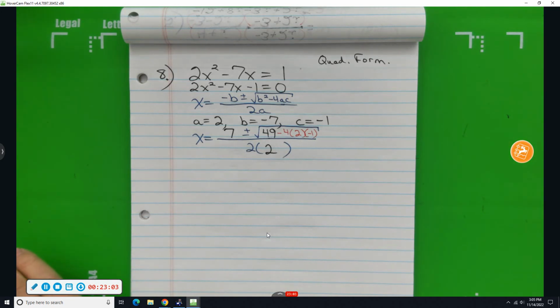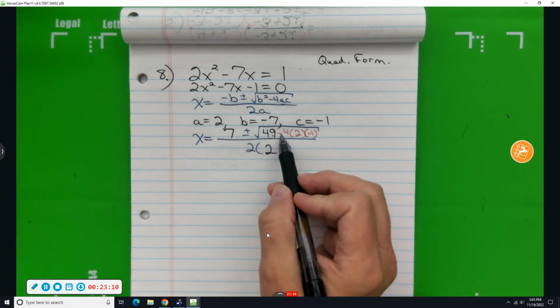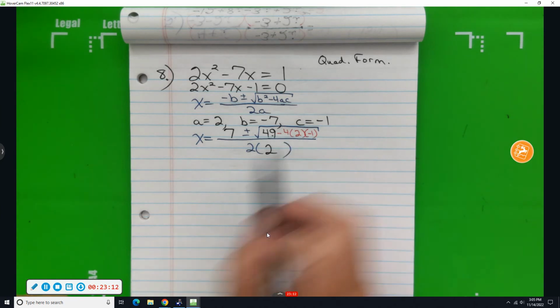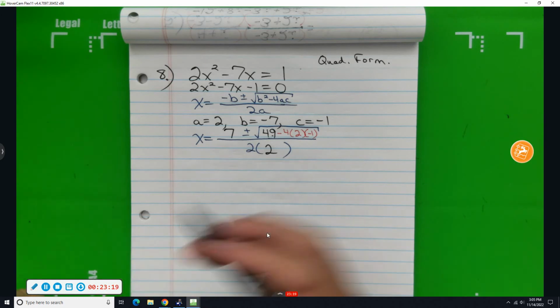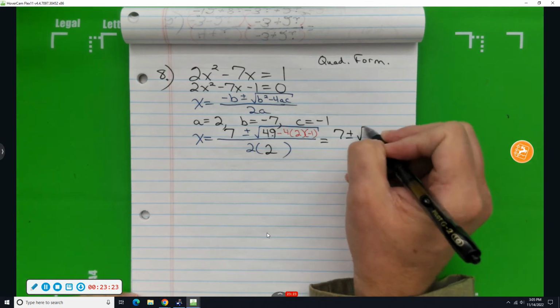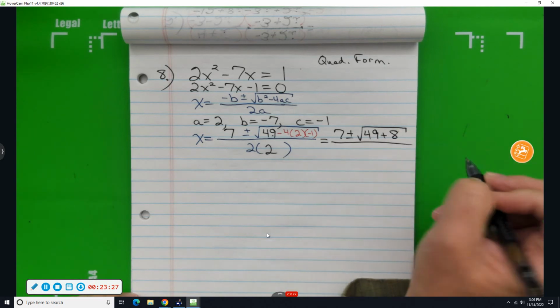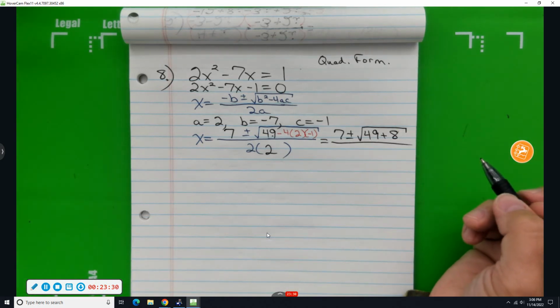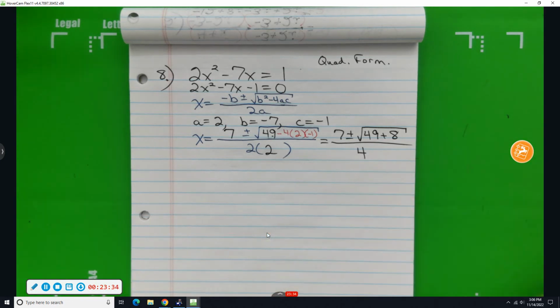Let's work underneath that square root. That thing under the square root is called the discriminant. We're going to have 49 minus 4 times 2 times negative 1. That's a negative 8 times negative 1, so that's a positive 8. So you have 7 plus or minus the square root of 49 plus 8 all over, in the denominator, 2 times 2 is 4.